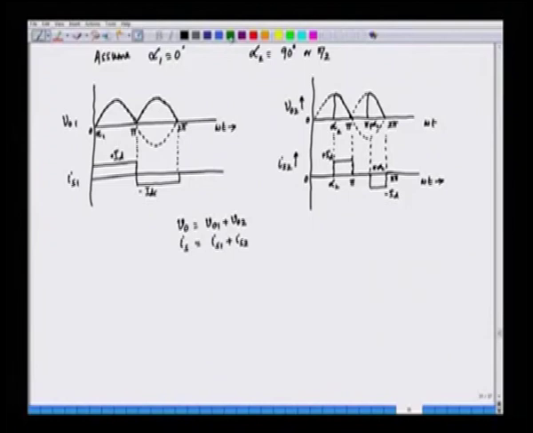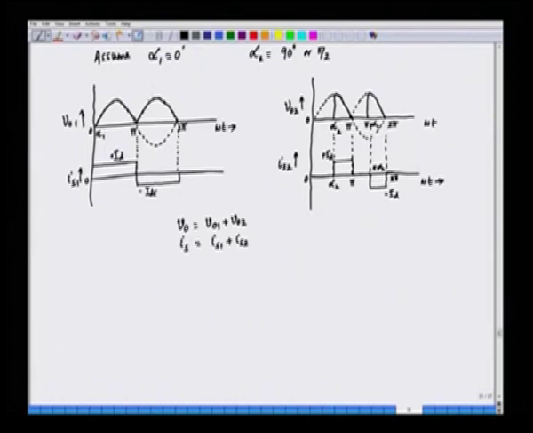Now, in this case we have seen these waveforms of both the converters, the converter output voltage and the converter input current. This is the converter 1 output voltage VO1 and the input current is IS1.